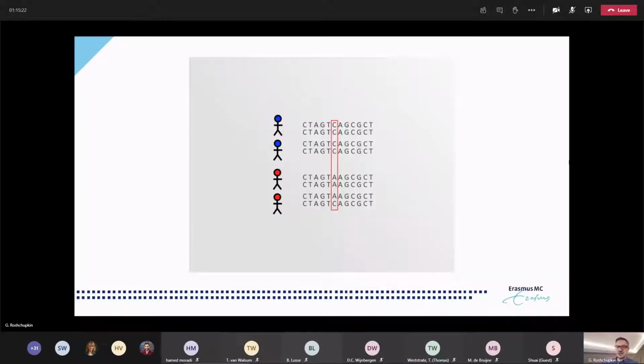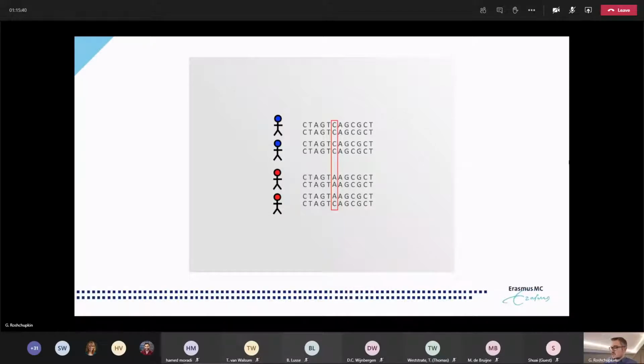In a simple analysis, you compare two groups of people, for instance with some disease, like the example mentioned during the talks today, say dementia or Alzheimer's, and you compare these letters one by one.